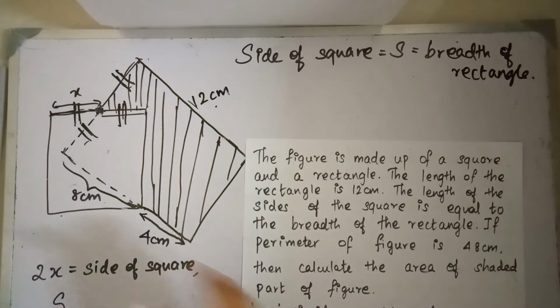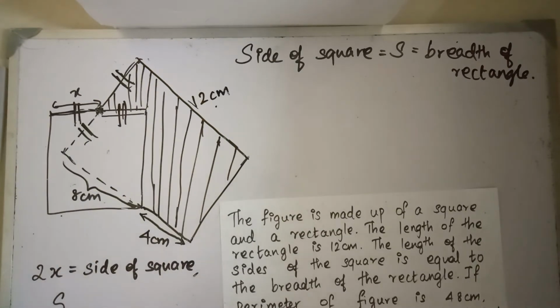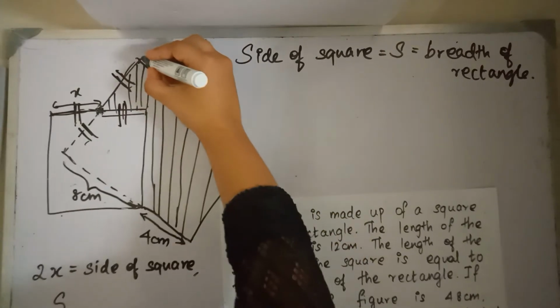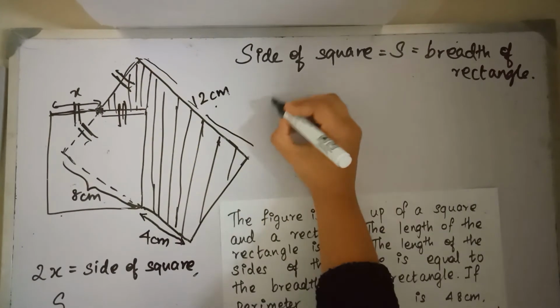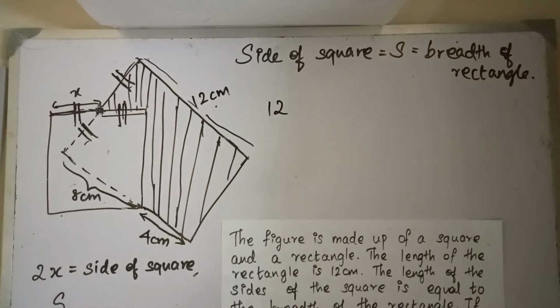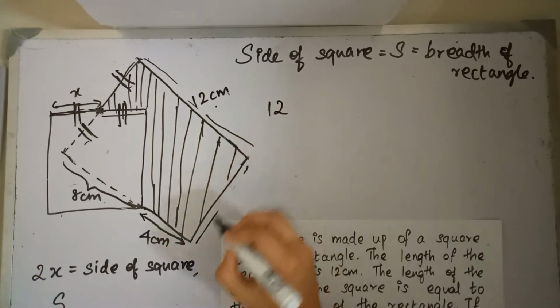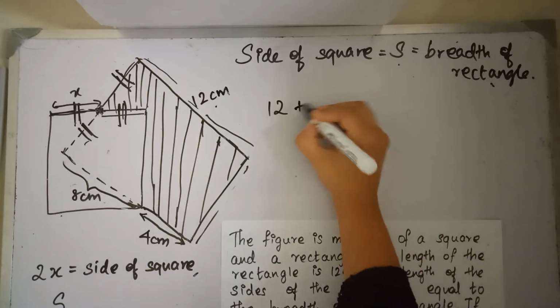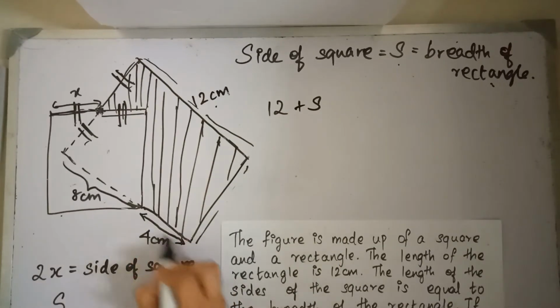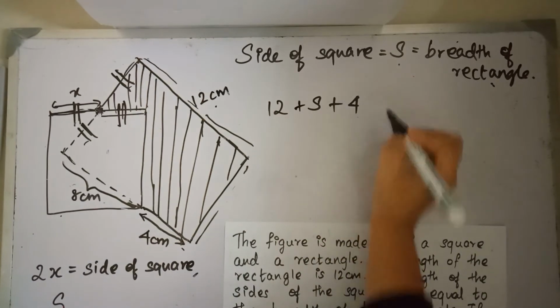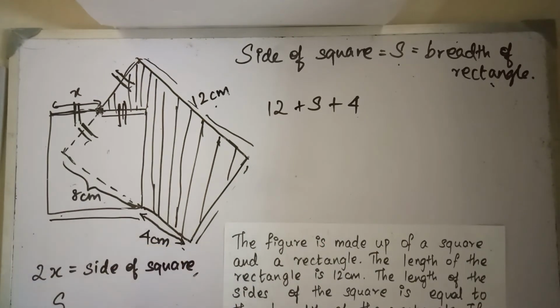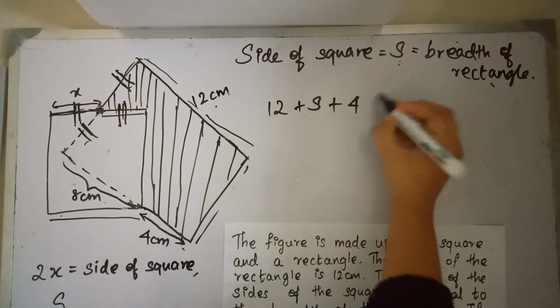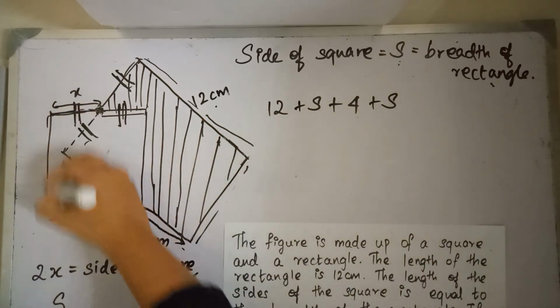The reason why I have done all of this is to find the perimeter. Okay, so let's look at what the perimeter consists of. Perimeter consists of 12 plus this is the breadth of the rectangle, which is represented as s, plus 4 cm. This is s again because it's the side of the square, s.